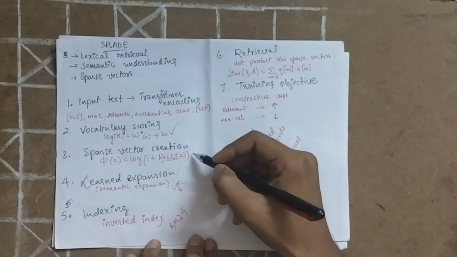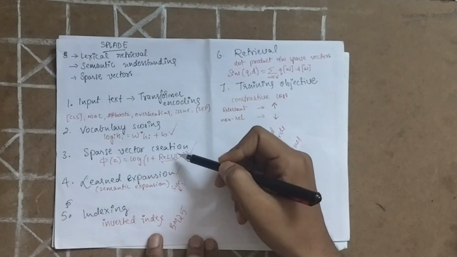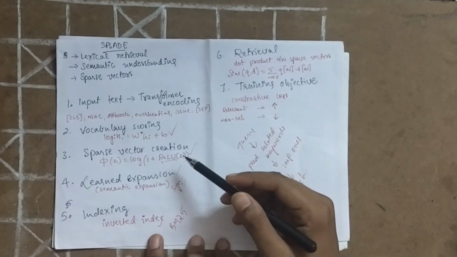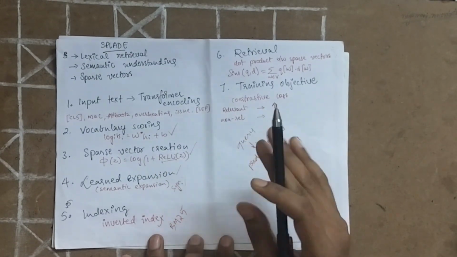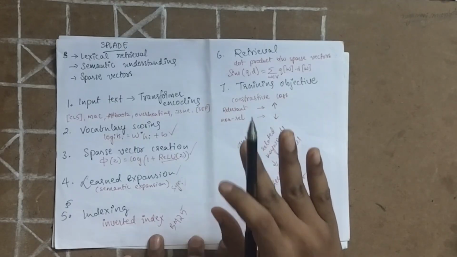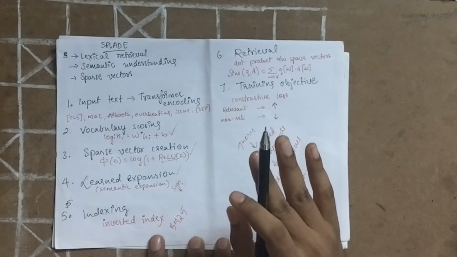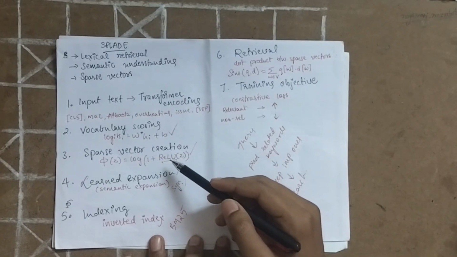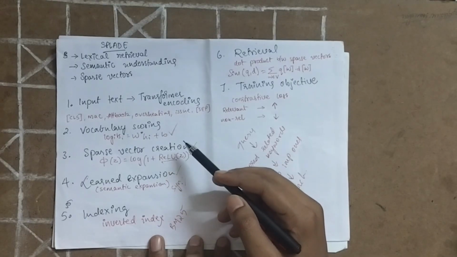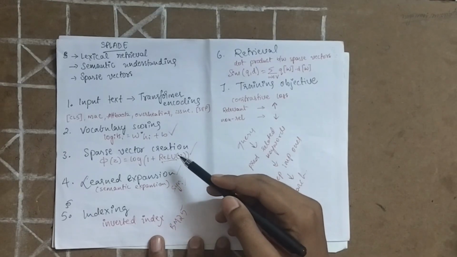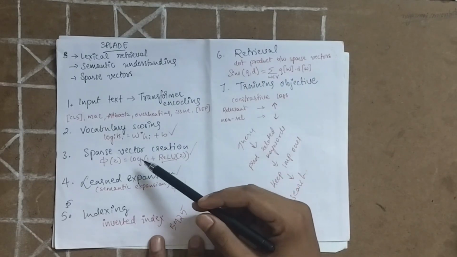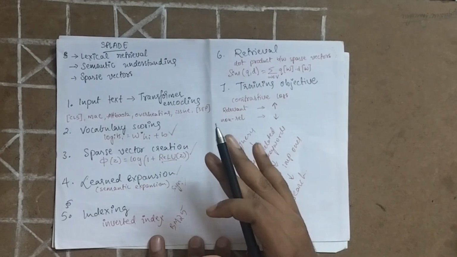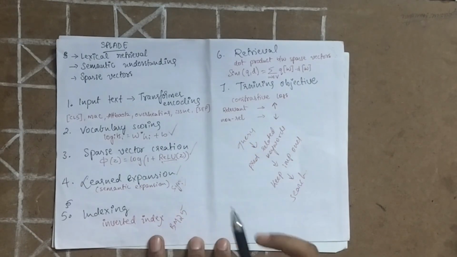So SPLADE applies log of 1 plus ReLU of the vector in order to get a decent sparse vector. What does ReLU do here? ReLU's contribution is removing negatives, because tokens must activate positively, and log compresses the big values and makes the weights more stable. It smoothens the scaling as such.